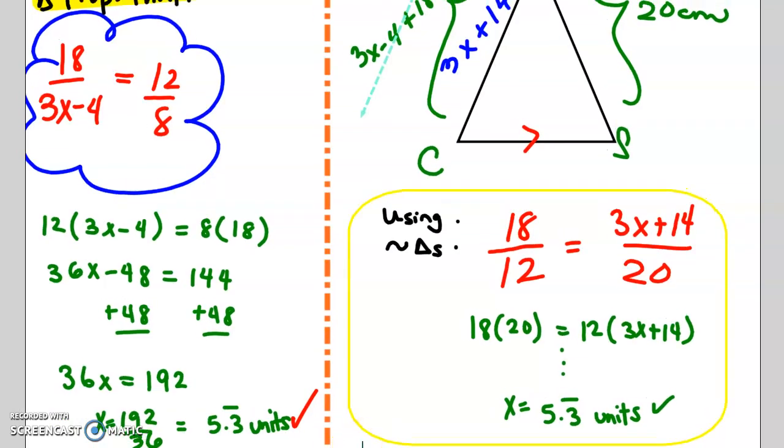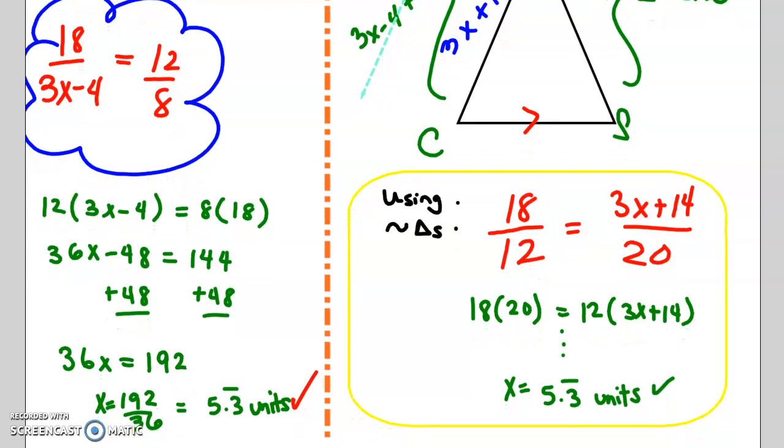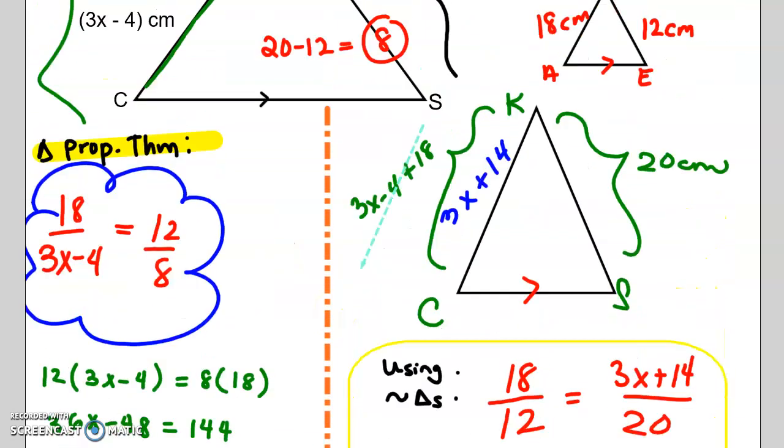Doing it this way, again, I'm going to cross multiply. I hope you're feeling comfortable with the algebra, and I get 5.3 repeating units for side length of x. Now here's the way we used to do it.